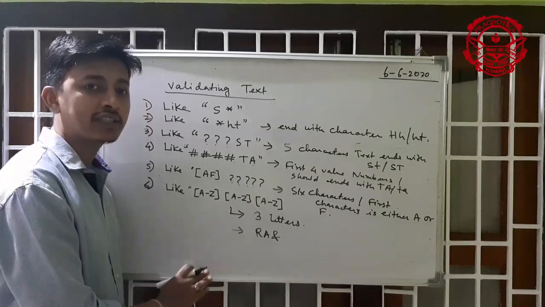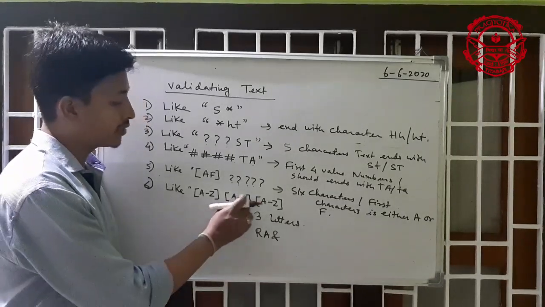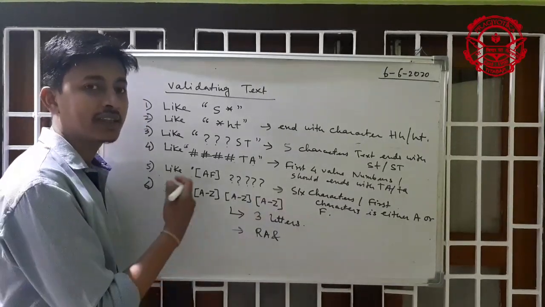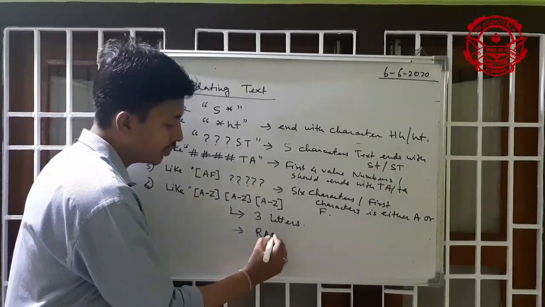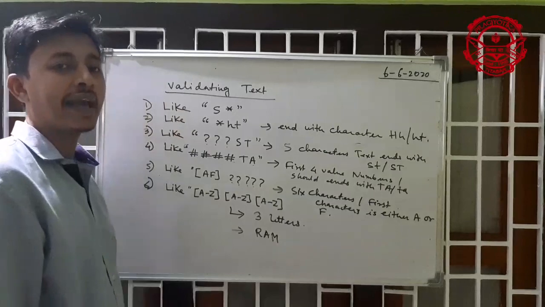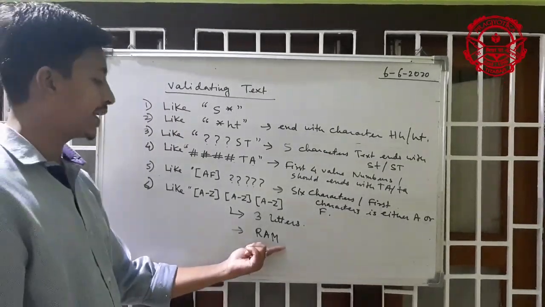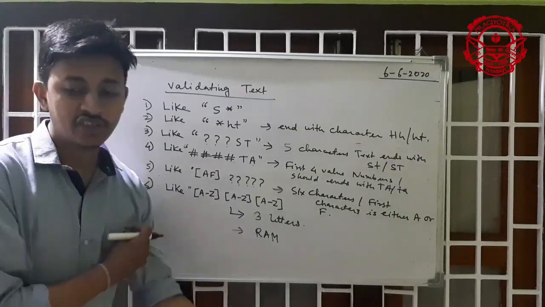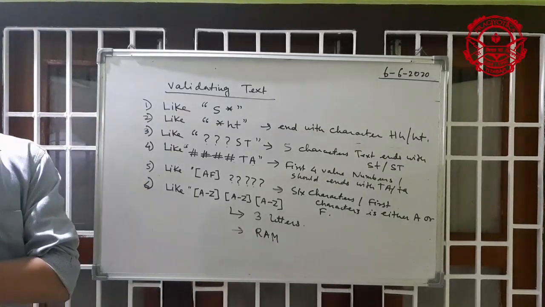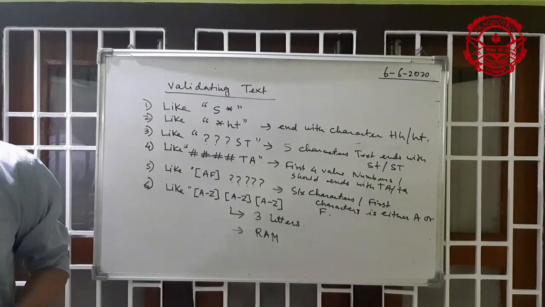It is not going to accept because the range is A to Z. So RAM is accepted because it is 3 letters and the range is A to Z. Okay? So this is the data validation on text.